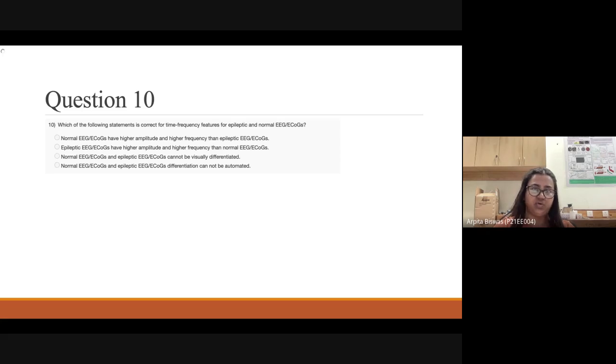Third, normal and epileptic EEG and ECoGs cannot be visually differentiated. Fourth, differentiation of normal and epileptic EEG and ECoGs cannot be automated.